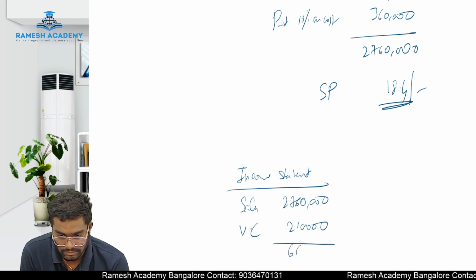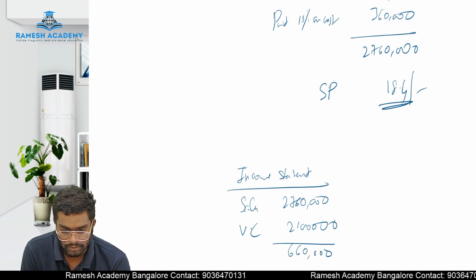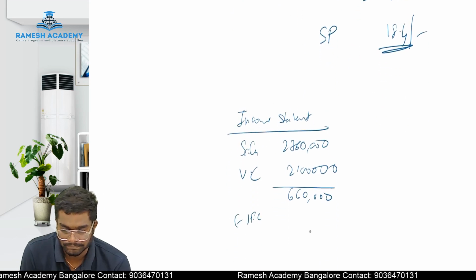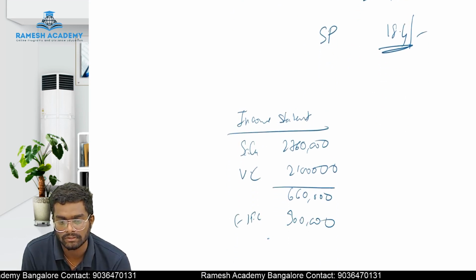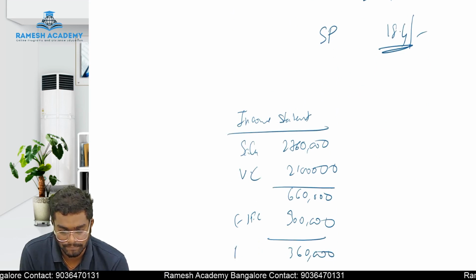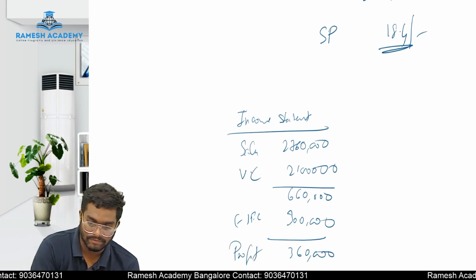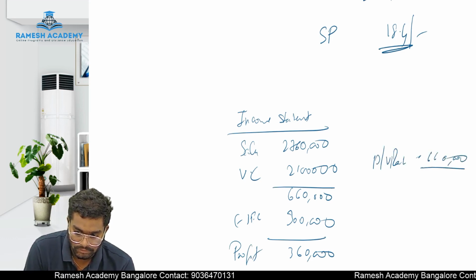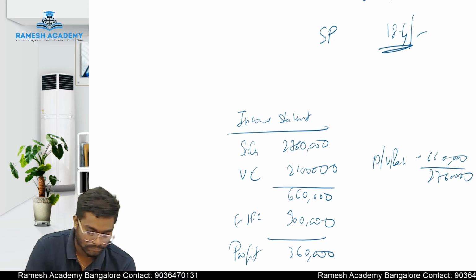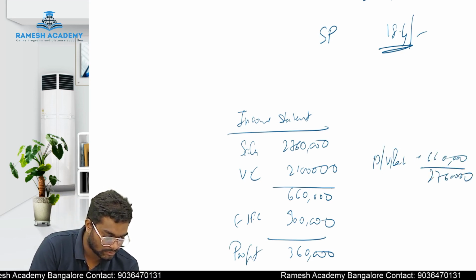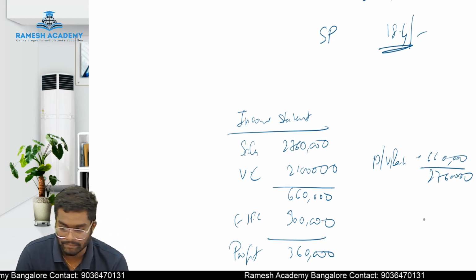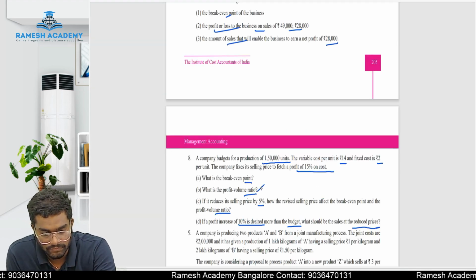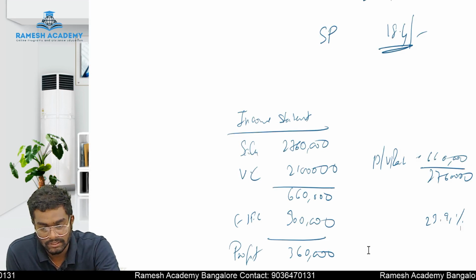So my remaining is 6,60,000. Minus fixed cost of 3 lakh, my profit is 3,60,000. PV ratio is 6,60,000 divided by 27,60,000, which is 23.91. So 23.91 is my PV ratio. Break-even point is nothing but fixed cost by PV ratio.